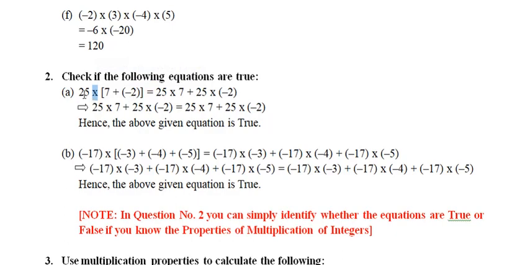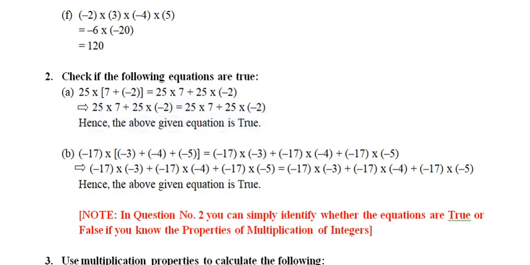That means 25 into 7 plus 25 into minus 2. We already have this equation here, so they are equal. Hence the given equation is true.